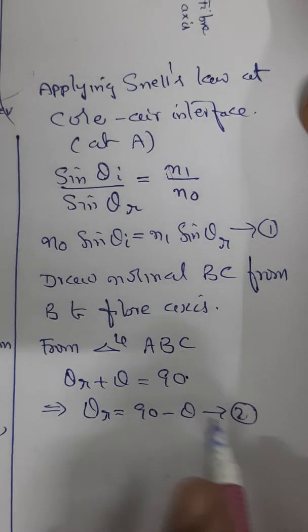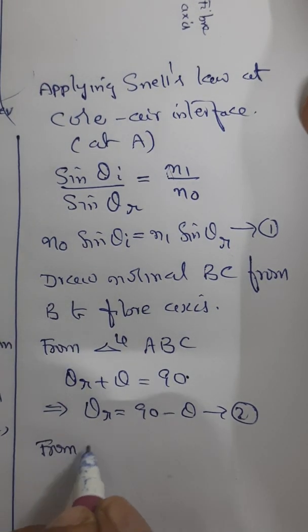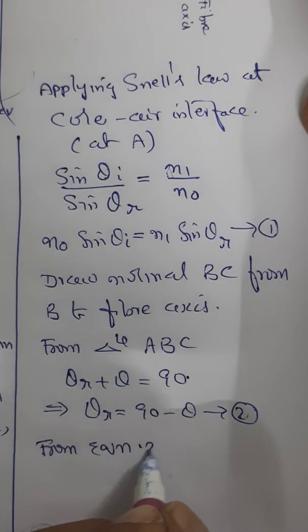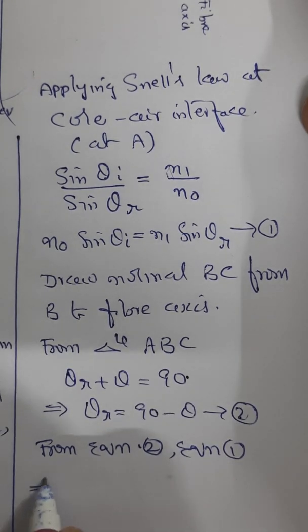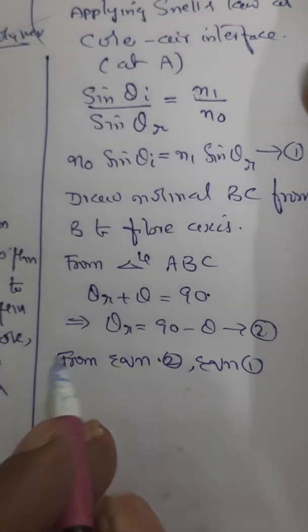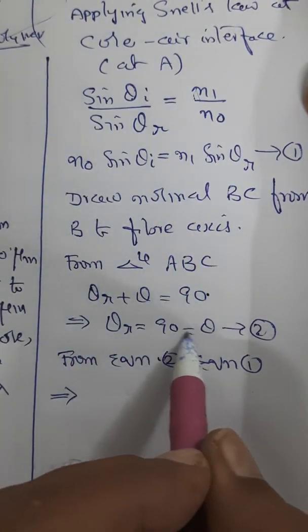Now, substitute this in equation 1. From equation 2, wherever you have theta R in equation 1, you substitute 90 minus theta.